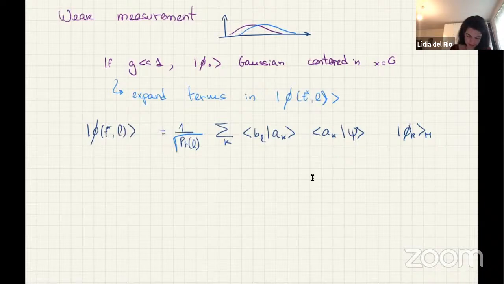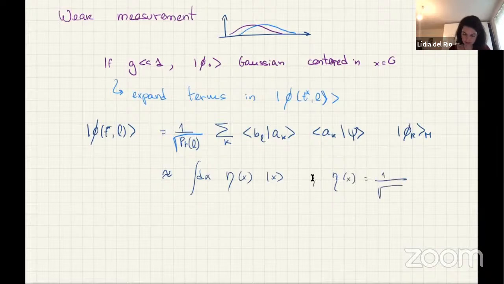This is approximately some new wave function of x, where this wave function of x is a Gaussian.